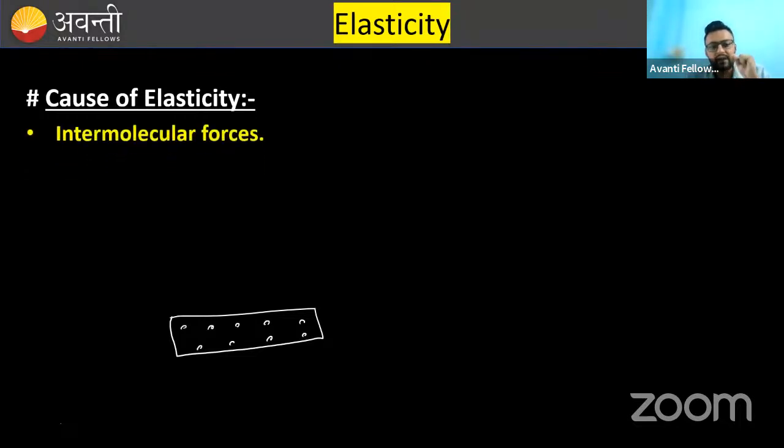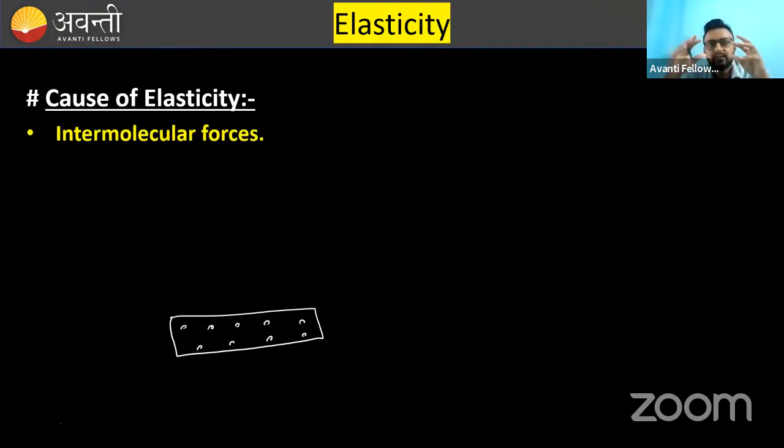Let's suppose it has various molecules inside it, like this. And you know that there are molecular forces acting between these molecules. So if you deform a body, then the molecular forces will change and it will try to regain its shape. So the cause of elasticity is the intermolecular forces.